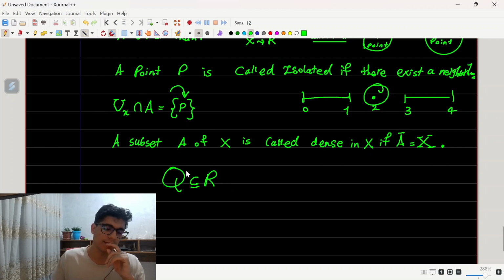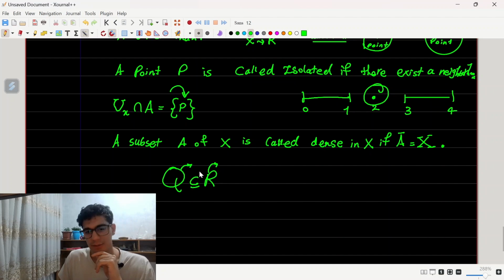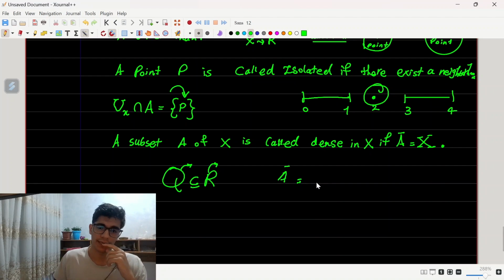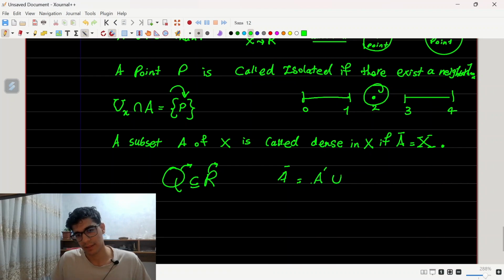By definition, you can say that the real numbers are actually the limit points of Q. So yeah, these are dense, since A bar is the limit points of A union with A itself.